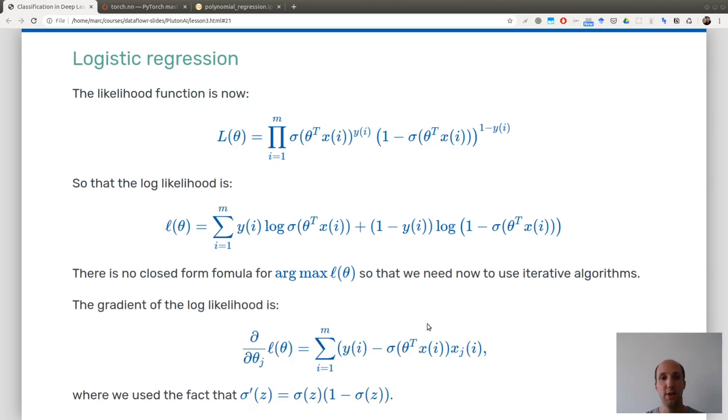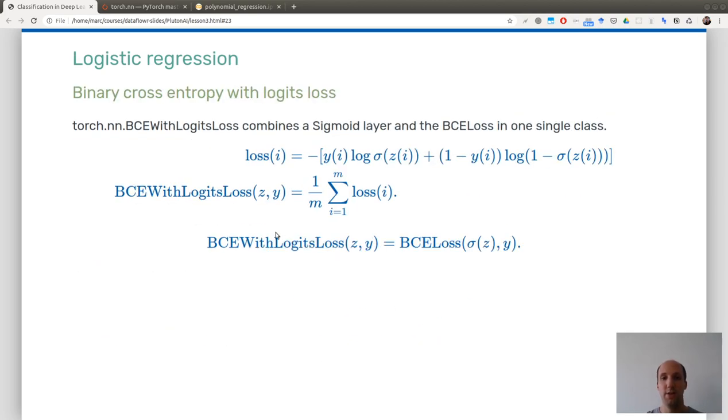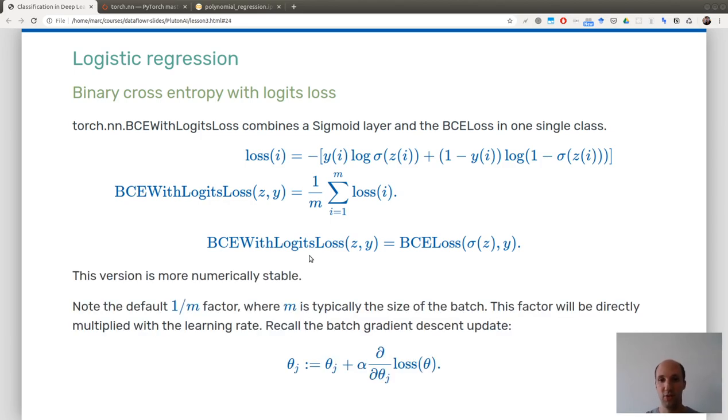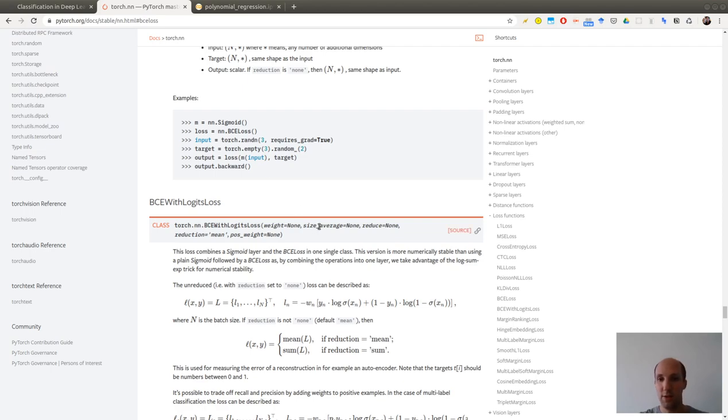So this is why there is a trick, which is written here, the log-sum-exponential trick, which is used in the binary cross-entropy with logits loss by PyTorch.